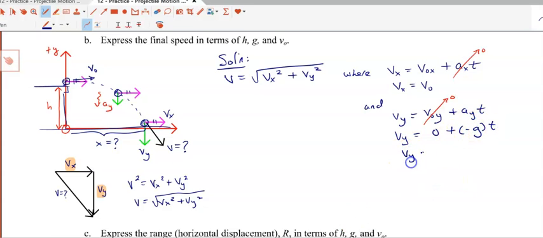So vy equals negative gt. So we can plug that in here, and we get v equals the square root of v naught squared. We're replacing the x quantity here with v naught. And then, of course, we're going to replace the vy with this expression. So we get plus negative g times t quantity squared.